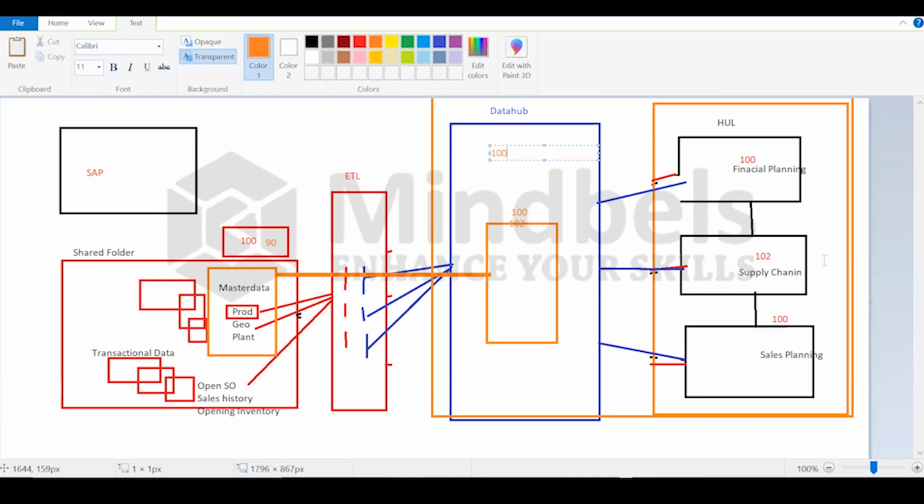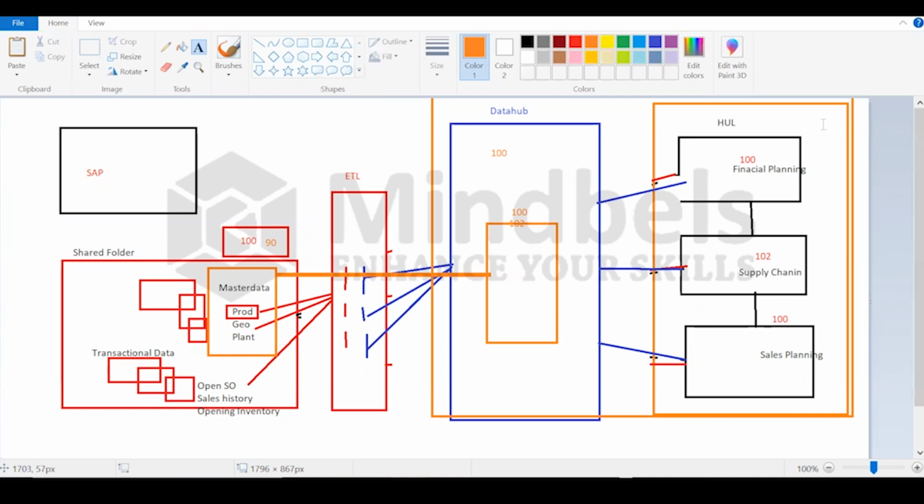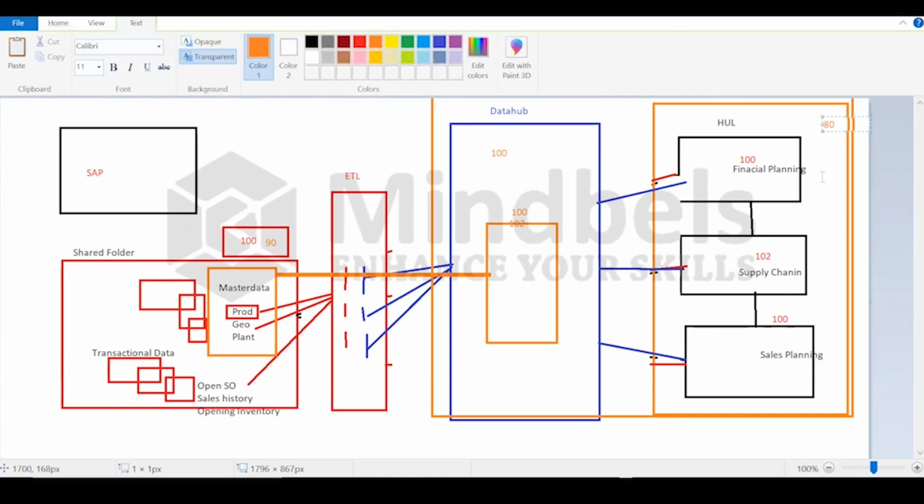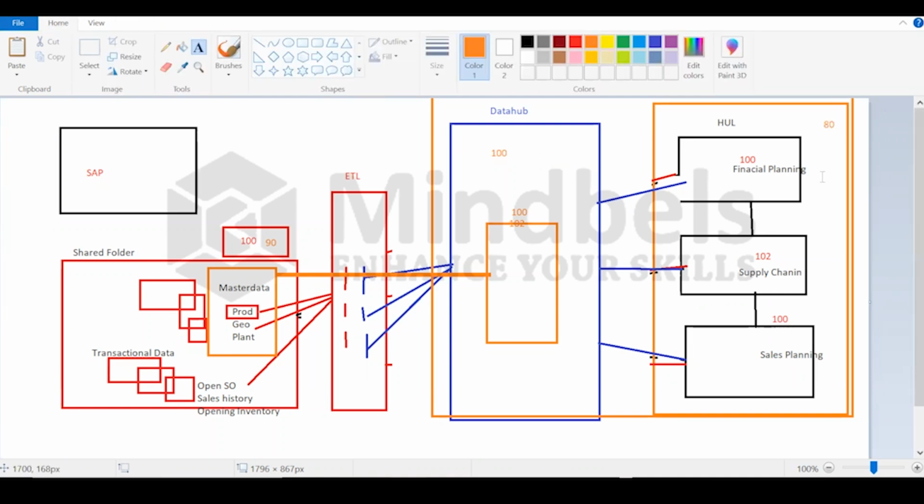Now you are pushing the data from the data hub to spoke models, but this benefit is just 80 rupees. Which one will be the most cost effective? You are spending 100 rupees for the sake of 80 rupees profit. Does that make sense?